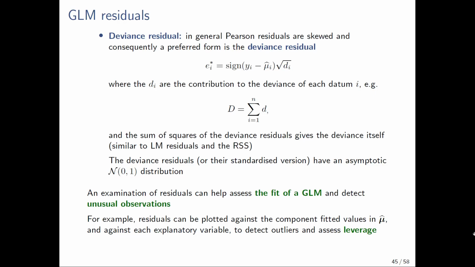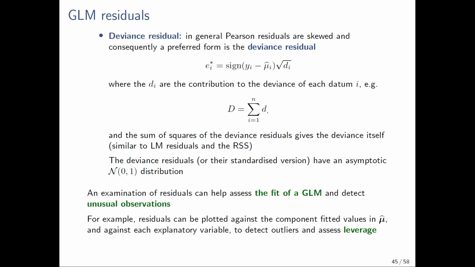So this is the Pearson residual defined here. Since the deviance is a sum of these contributions, the sum of squares of the deviance residuals gives the deviance itself. And this is analogous to the relationship between the linear model residuals and the residual sum of squares. The deviance residuals, or their standardized version, have an asymptotically standard normal distribution.